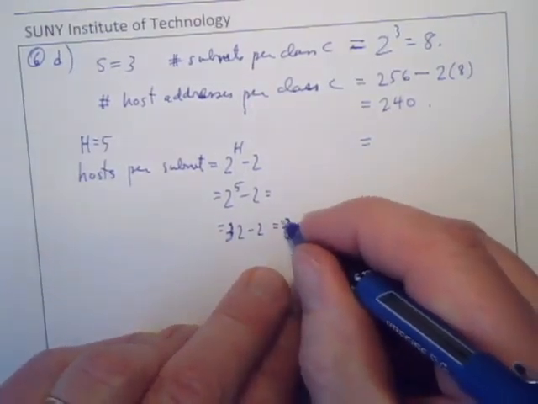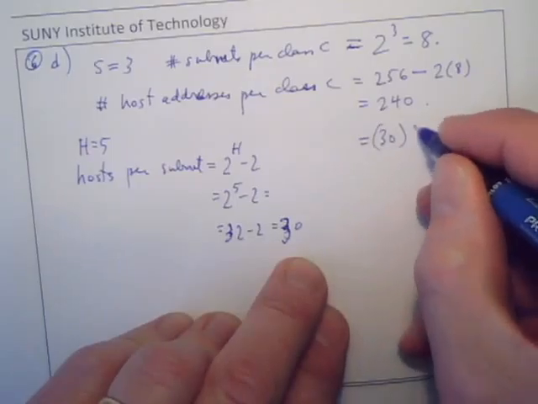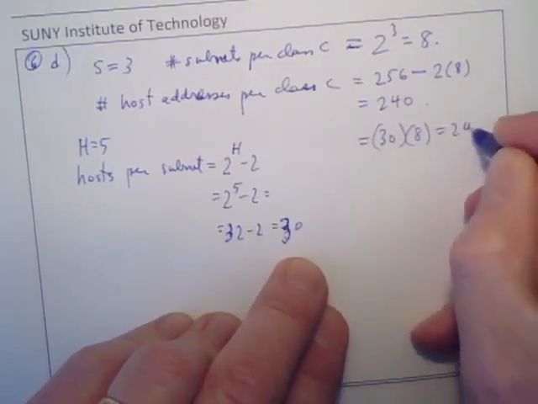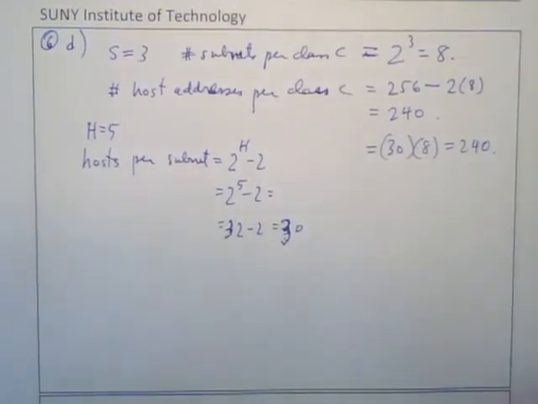So I can say that it's equal to 30 hosts per subnet times 8 subnets, and that's again equal to 240. Either way you can do it. Sorry if it's crooked.